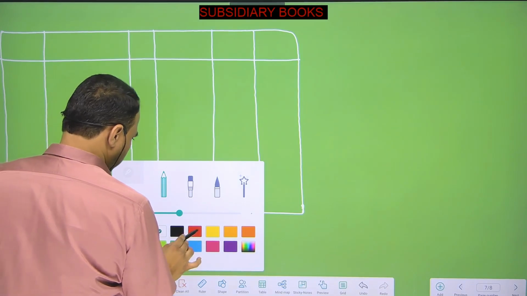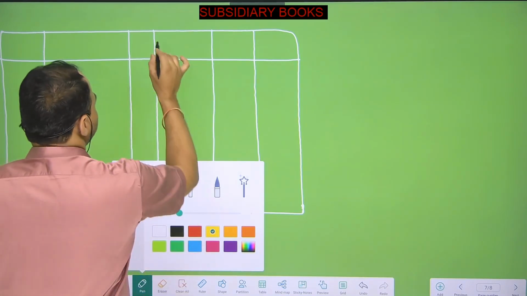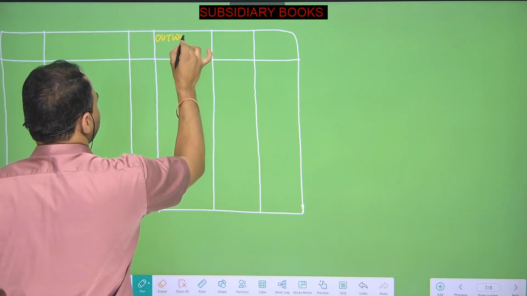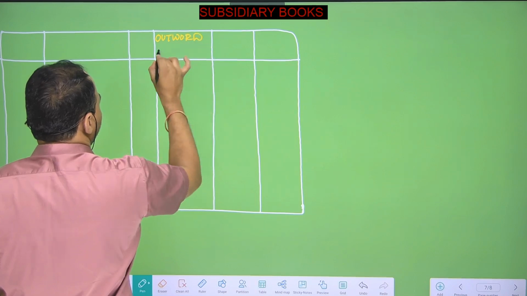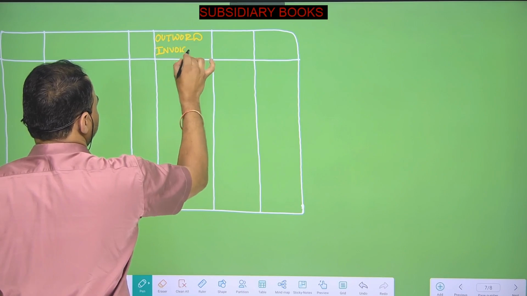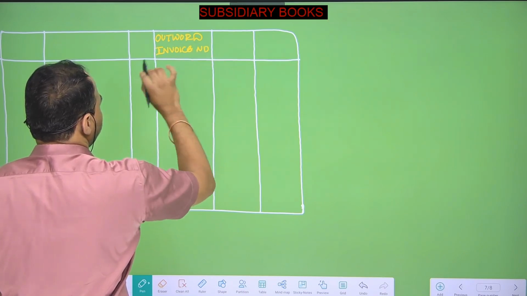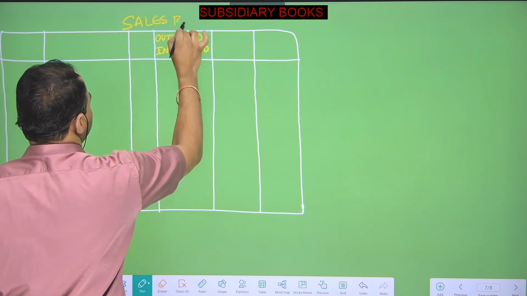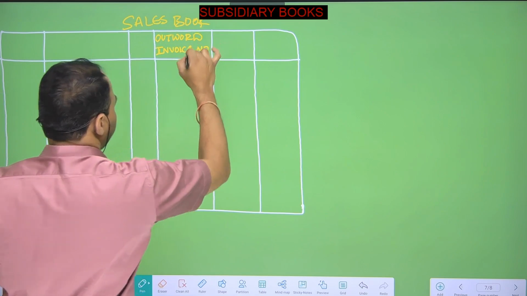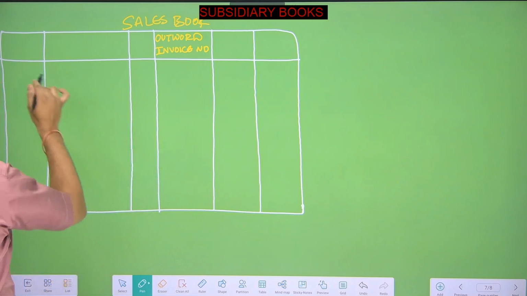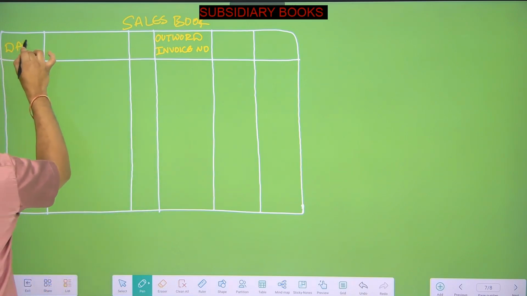The only column which is different between the purchase book and sales book is outward invoice number. Outward invoice number for the sales book. For the purchase book we will write inward invoice number. That is the only difference between the sales book and the purchase book. Remaining all same as it is.